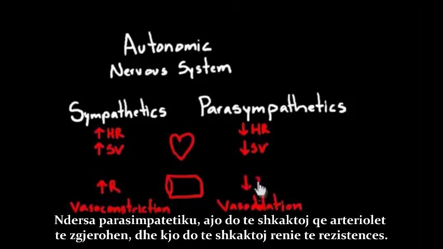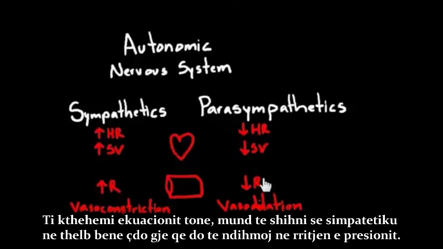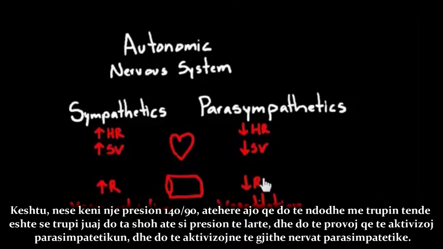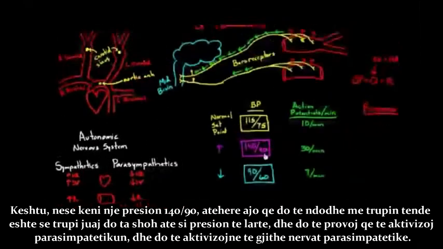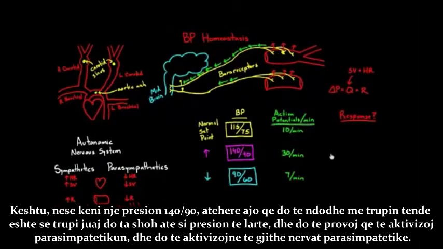So taking a quick peek at our equation that I wrote out for you on the right, you can see that the sympathetics basically do everything that will help to increase the pressure. So if you have a pressure, again, of 140/90, then what will happen is your body will see that as a high pressure and will try to get the parasympathetics to be active.